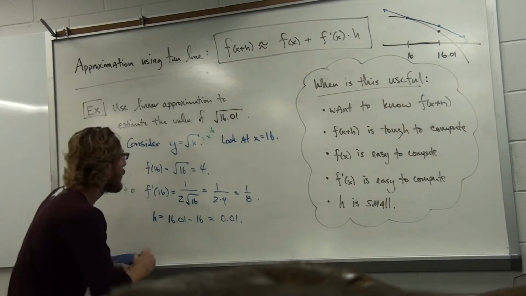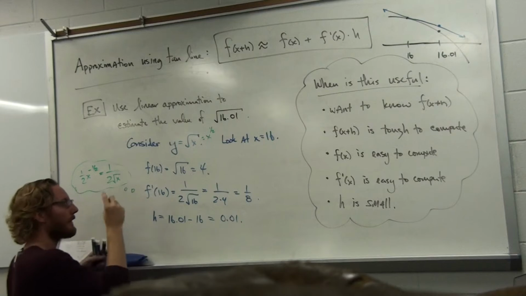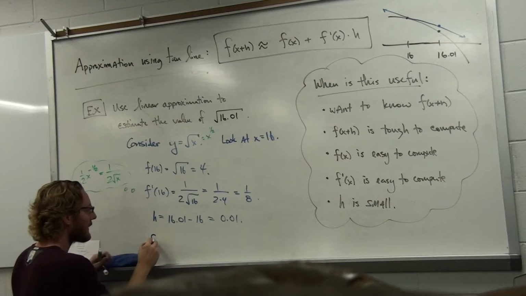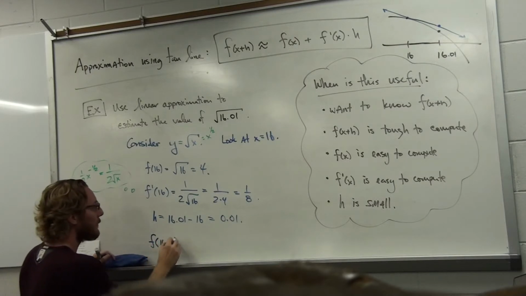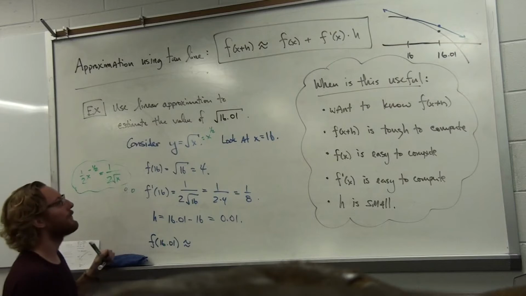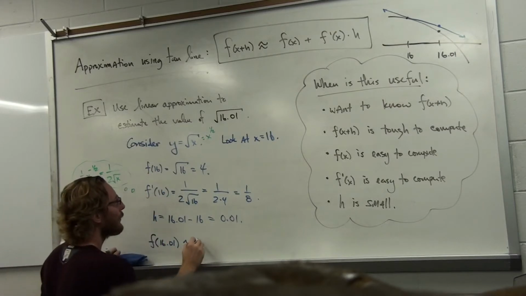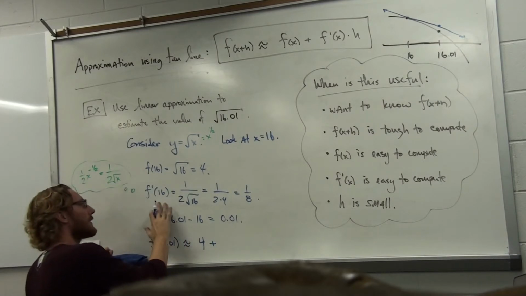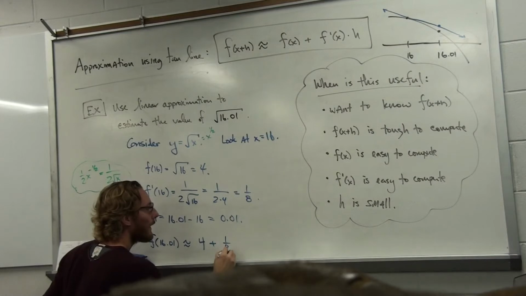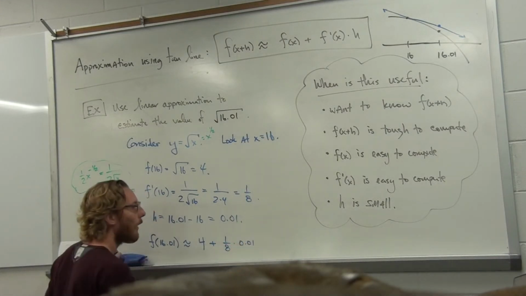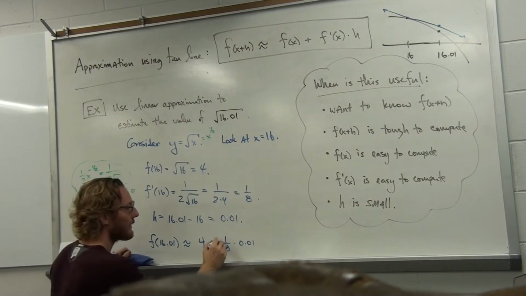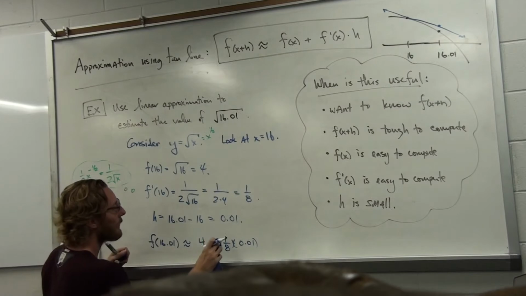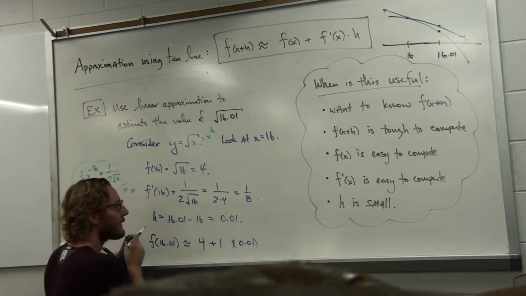Okay, but the long story short is, once you've got the function value, the derivative, and the h, we just use the formula to get the f of x plus h that we're after. So f of 16.01 is not exactly equal to, but approximately equal to our original function value 4, plus the change in y, which is the slope times the change in x, which is 1/8 times 0.01. Oh man, that's going to be kind of ugly to compute, but it's not too bad, because 1/8 is 0.125.